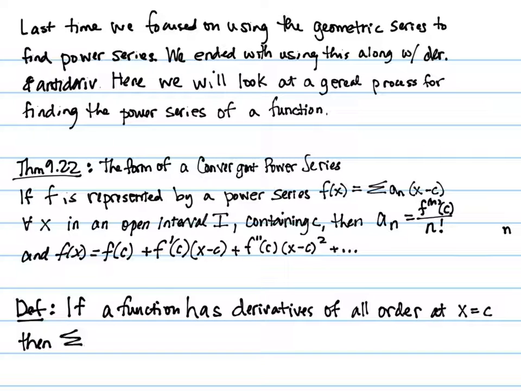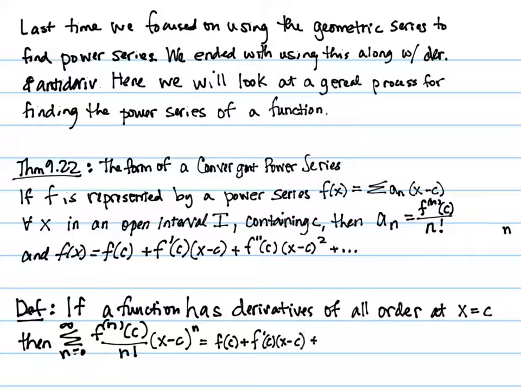then the summation from n equals 0 to infinity of the nth derivative at c over n factorial times x minus c to the n. And it's the same expression that I just wrote out above, with the a sub n put in. So f of c plus f prime of c times x minus c plus f double prime of c over 2 factorial times x minus c squared.